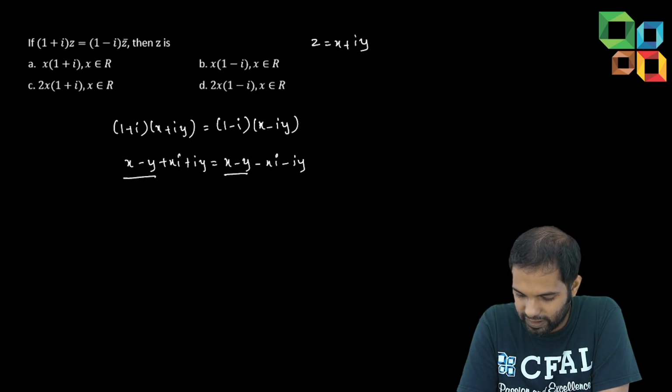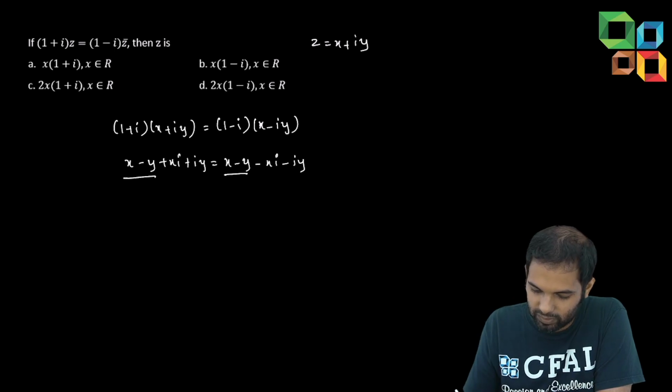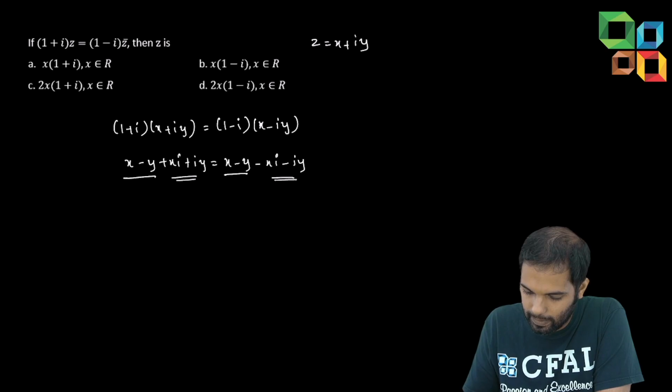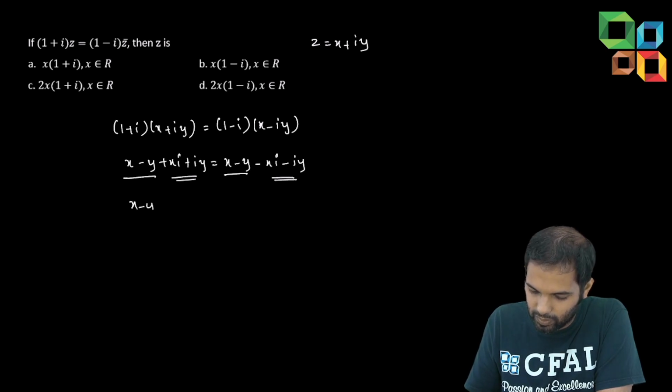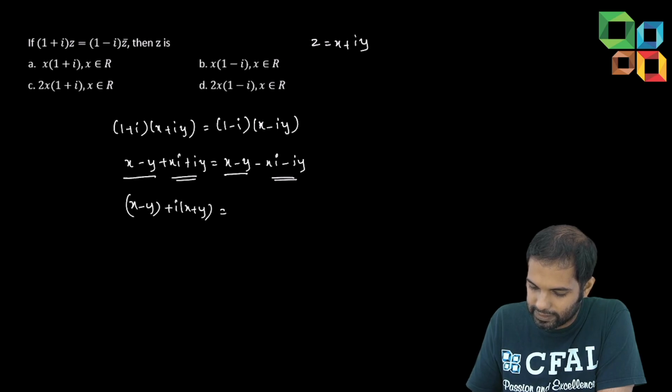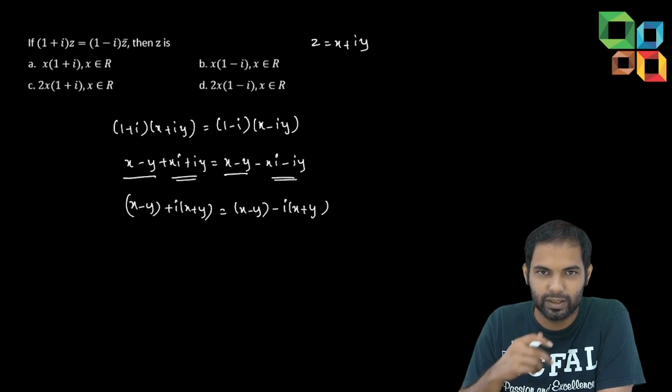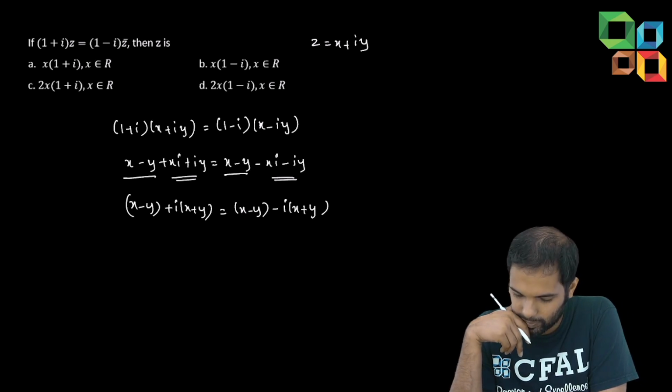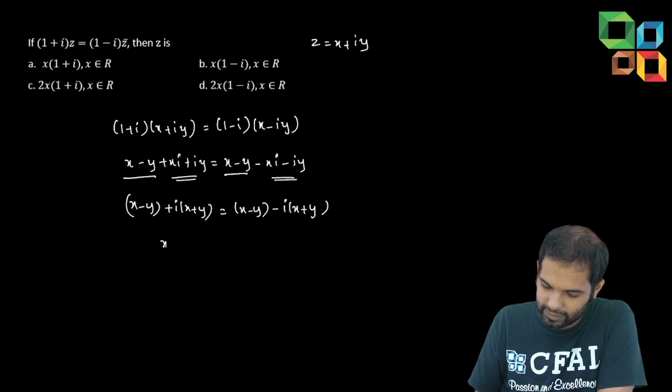The only way the imaginary part can be equal, okay, is if this is 0. Because you can see that this is x minus y plus i into x plus y. The other side I have x minus y minus i into x plus y. So it is nothing but a conjugate complex number. So that's only possible if, say, x is equal to minus y.